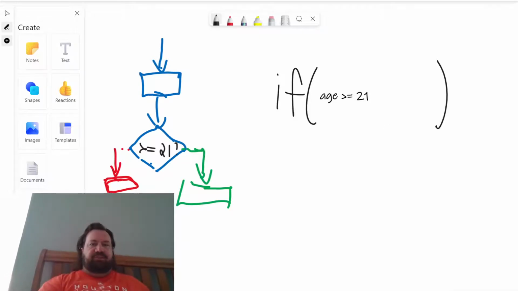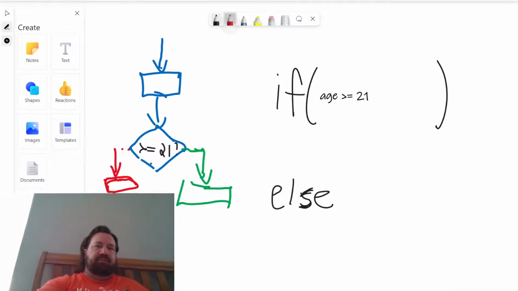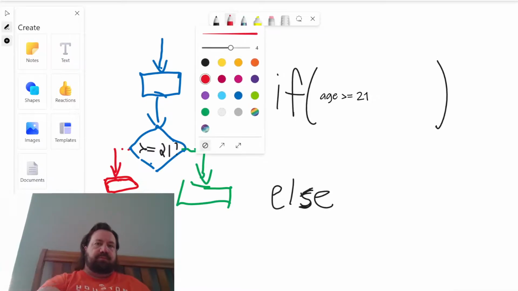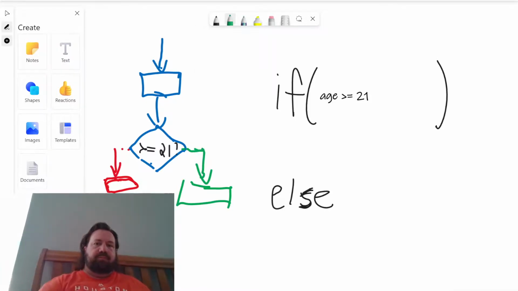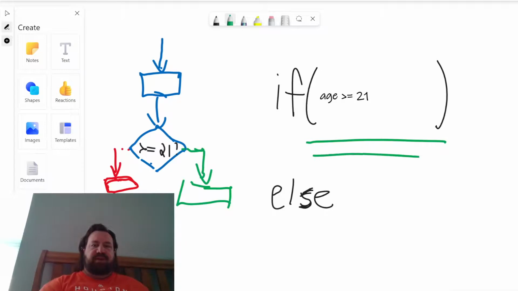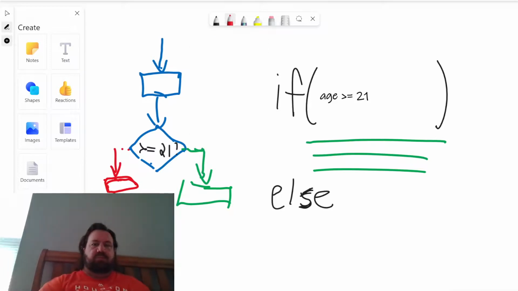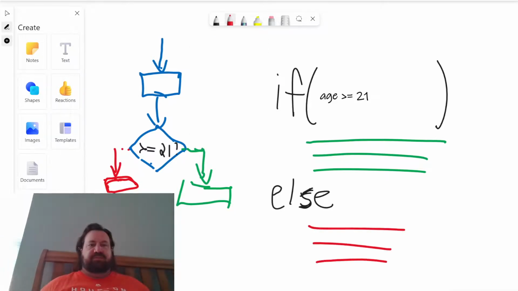Okay, ifs are often accompanied by else, which means do something different. So if age is 21, we do this stuff, else we do this stuff.